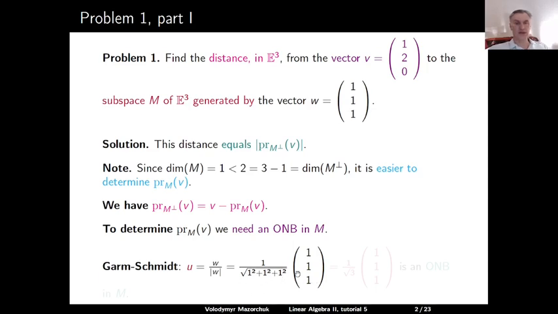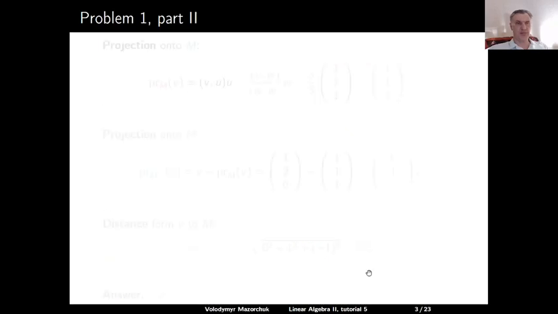So its length is the root of 3. The outcome is the vector 1 divided by the root of 3 times 1, 1, 1. This vector forms an orthonormal basis in M.